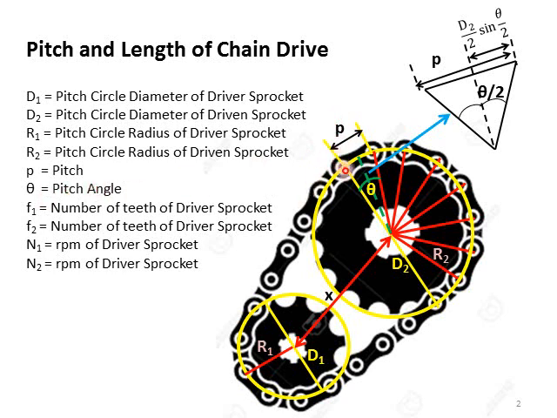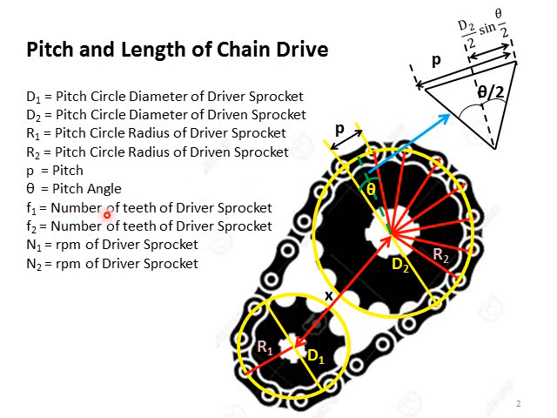If we draw a line from the center of the sprocket to the center of a hinge hole, and then another from the center of the sprocket to the next hinge hole, the angle between them is denoted by theta, which is the pitch angle.